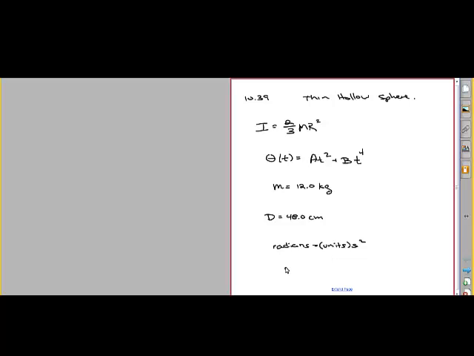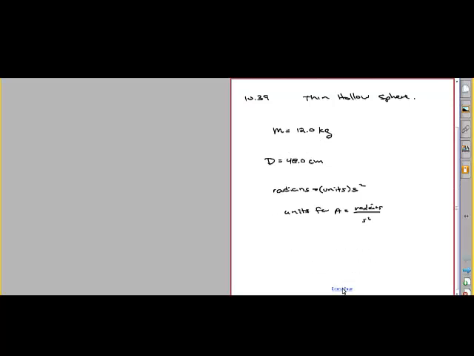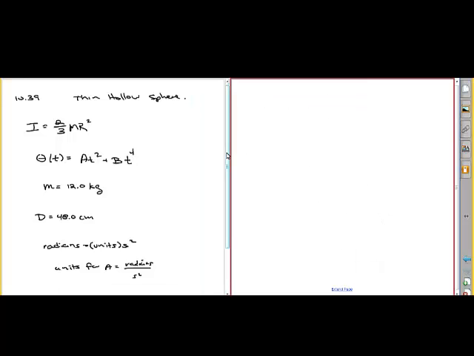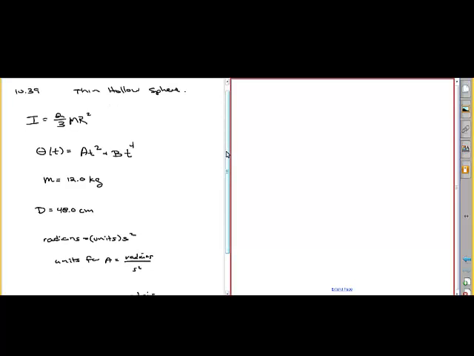So we have seconds squared, so the units associated with constant A are just going to be radians per second squared, and consequently B is going to have units of radians per second to the fourth. The radians really don't have any units, but I think we would include radians, so we'll see what happens when we look at the answer.